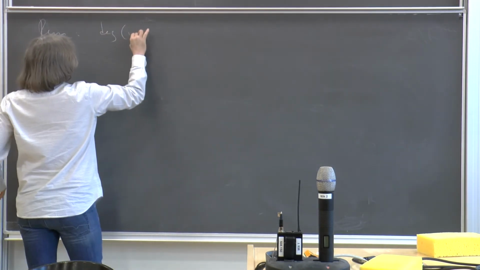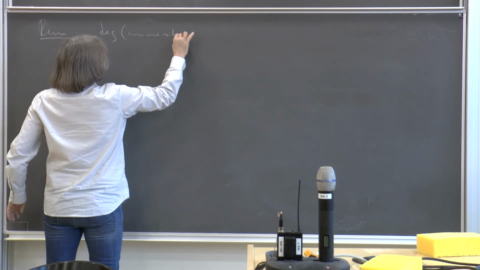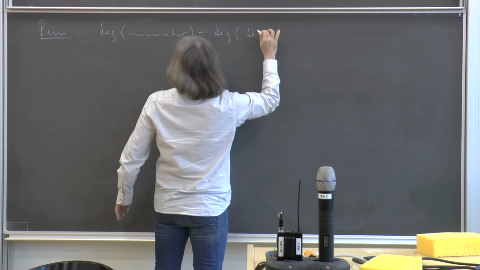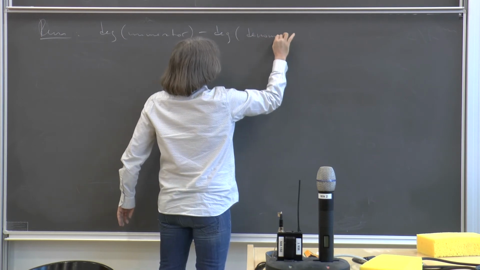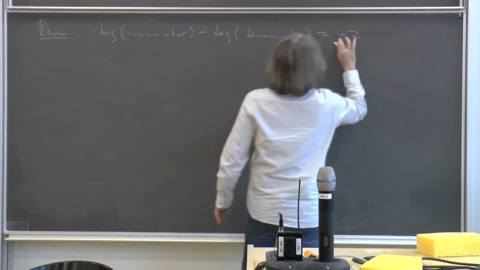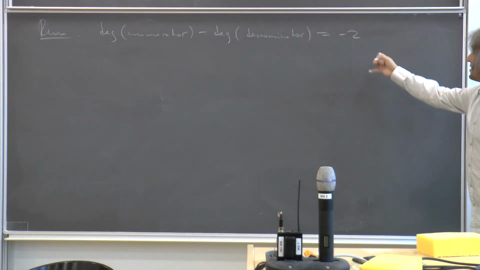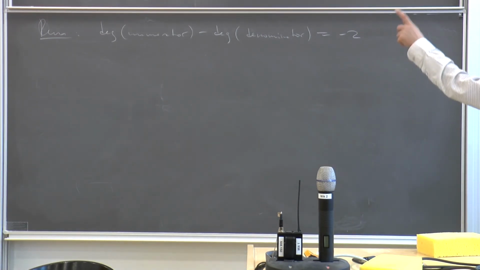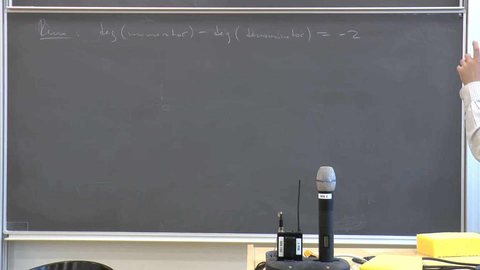The degree of the numerator minus the degree of the denominator is minus 2. And this actually helped us, because if you look at the estimate above, we of course have the numerator and denominator, but also we have the length of this half circle, where we have another power of r.